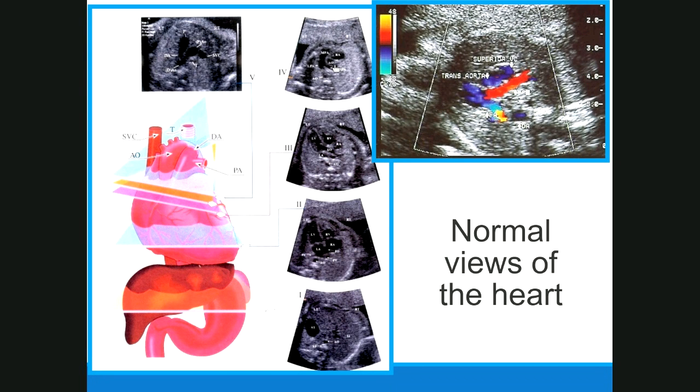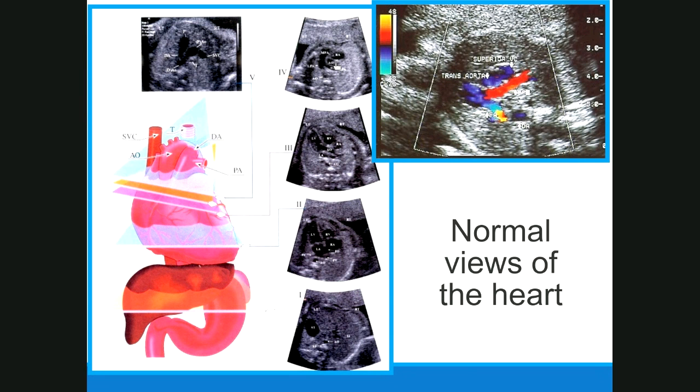And again, these vessels cross each other at 90 degrees. So if you're seeing them both in a long view in the same image, something is wrong. You should not see them both lengthened out in the same view due to that 90-degree relationship that they have with each other. If you're seeing one lengthened out, you should see the cross-section view of the other.